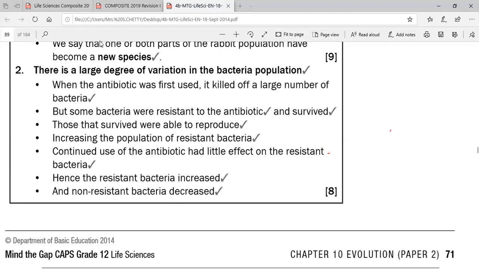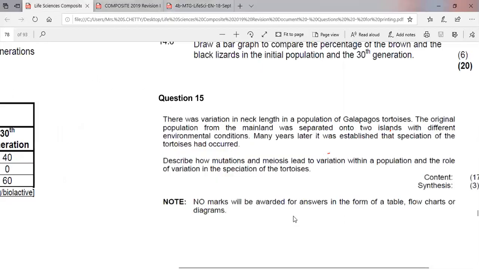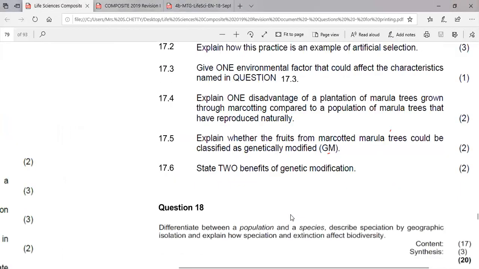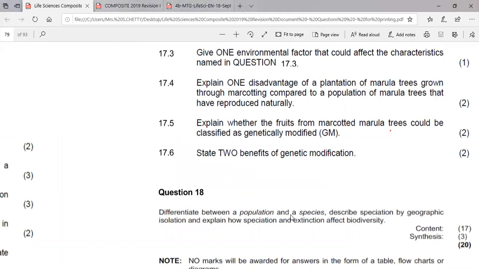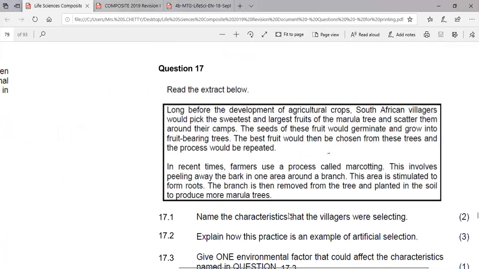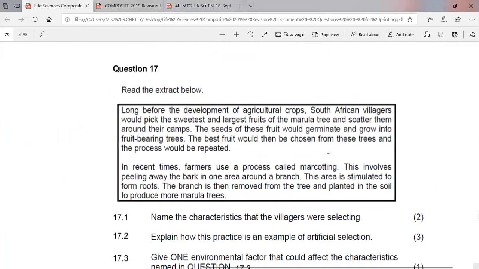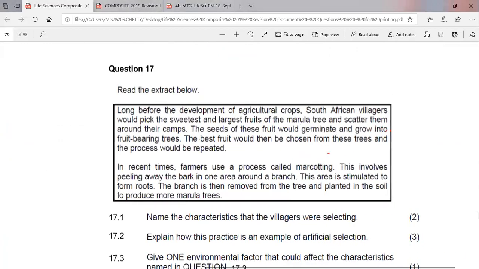All right, let me see if there's any question here on evolution in modern day times. I could do question 17, but it wouldn't be evolution in modern day times. But let's just end up by looking at question 17.